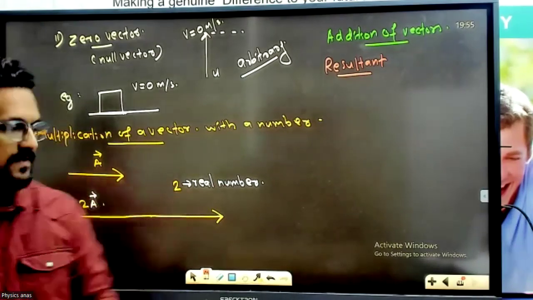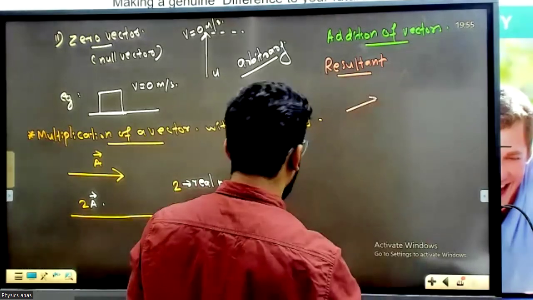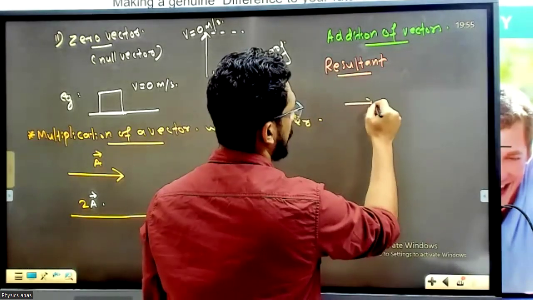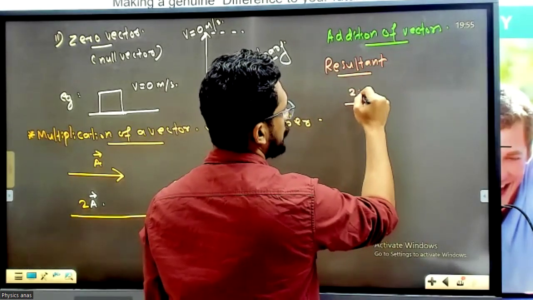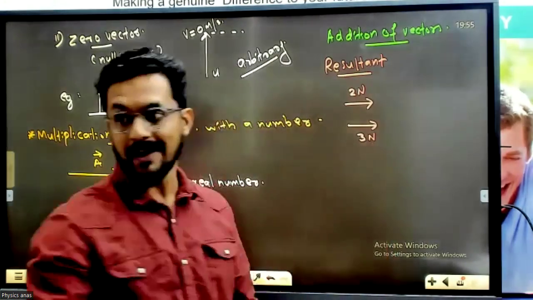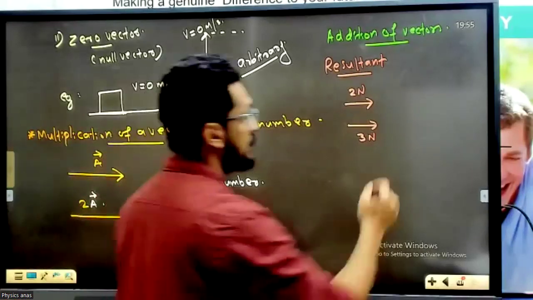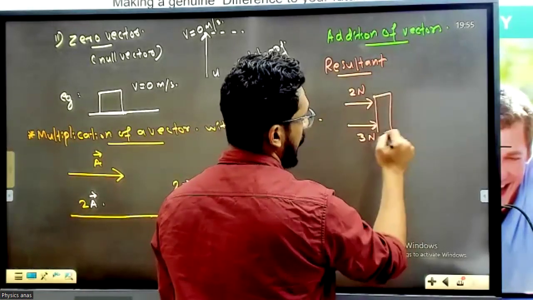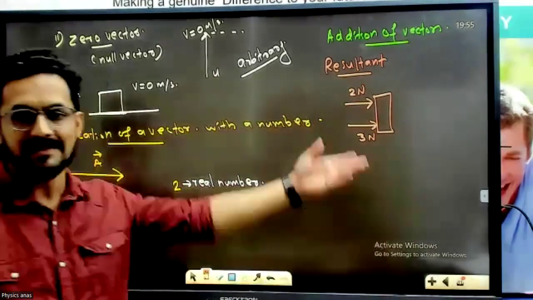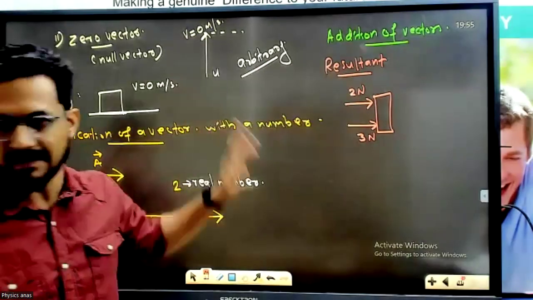If you have two vectors, I'll use simpler vectors, 2 Newton and 3 Newton, acting in the same direction, and both of them are acting on the same block like this.